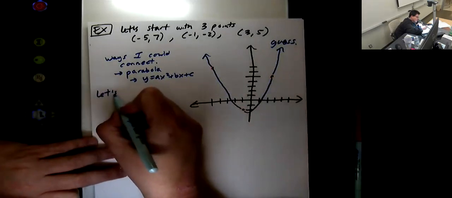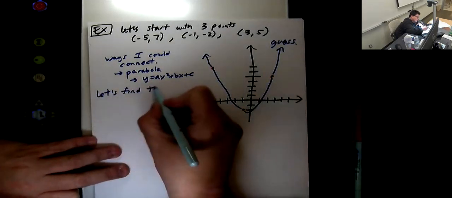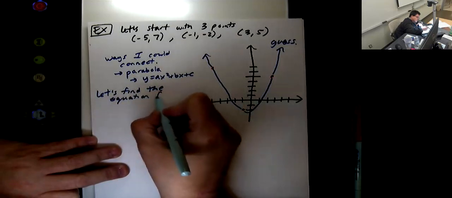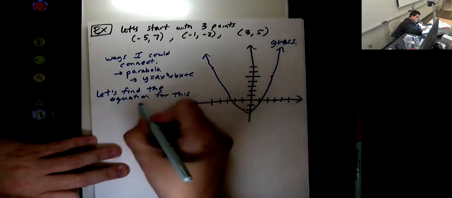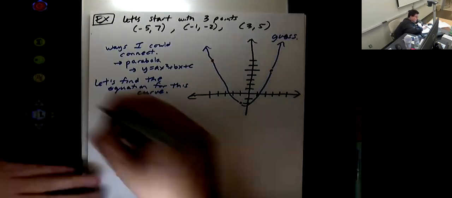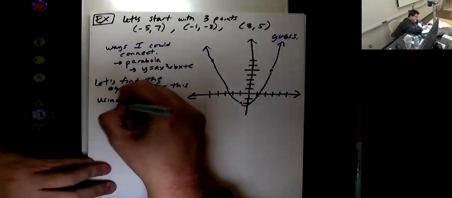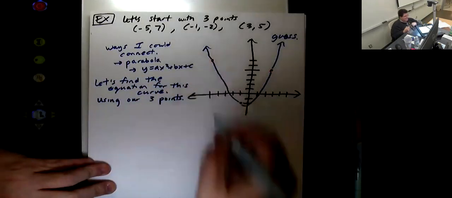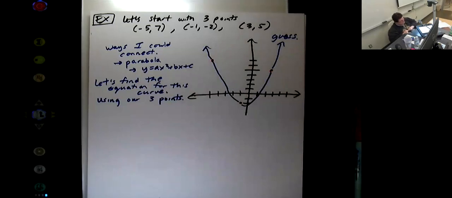Let's find an equation for this curve using our 3 points. I think it's something like that.